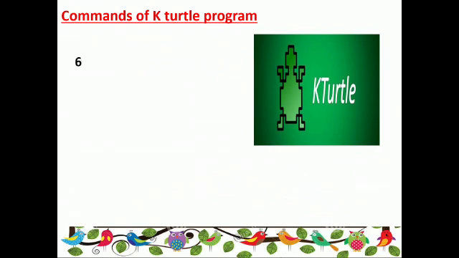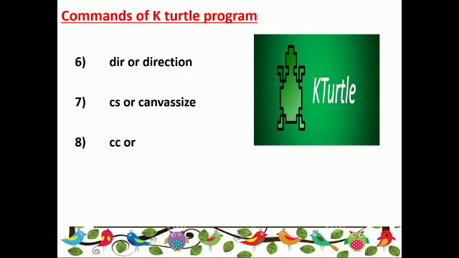Here are some other commands of KTurtle program, that is direction, canvas size, canvas color, and pen width. So direction command actually shows the direction. The short form is DIR.